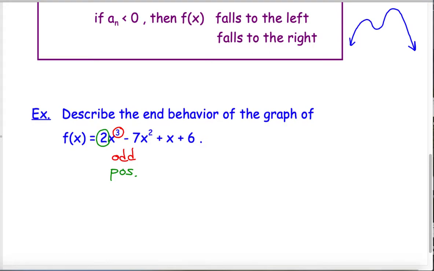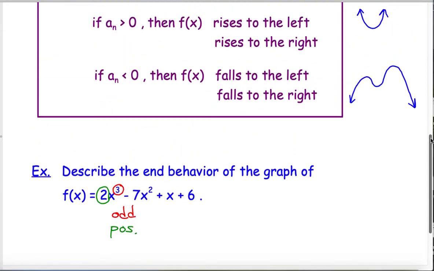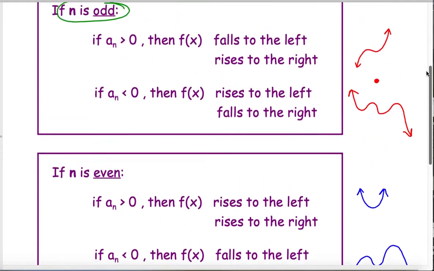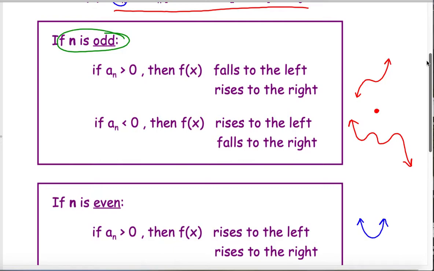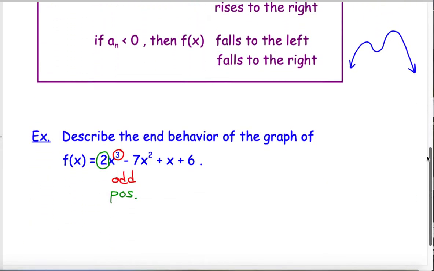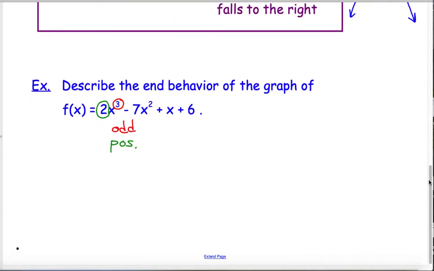So that tells me, and you can look at the chart if you need to, we have odd and positive, that's the first case: falls to the left, rises to the right. And so that's our answer. Falls to the left, rises to the right.